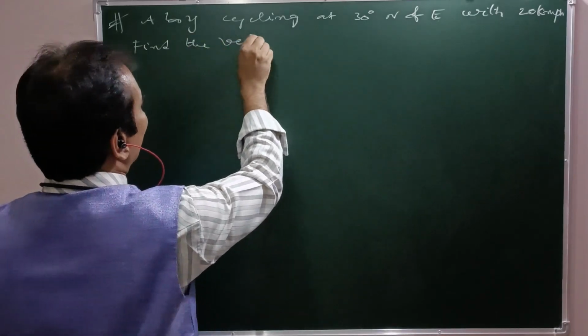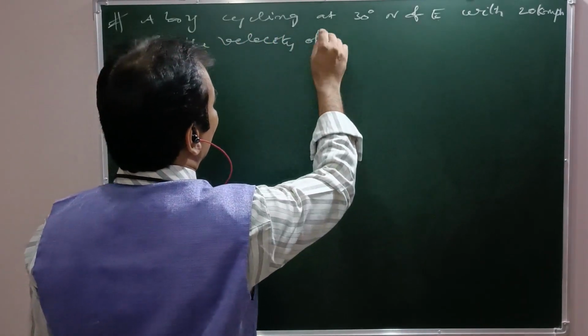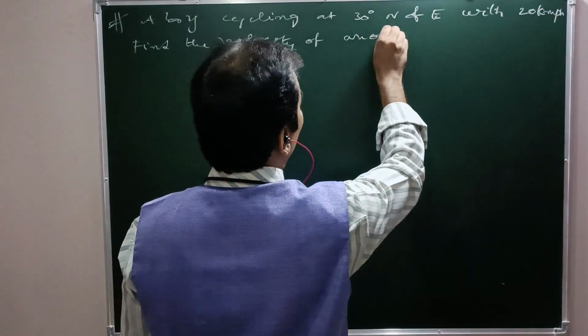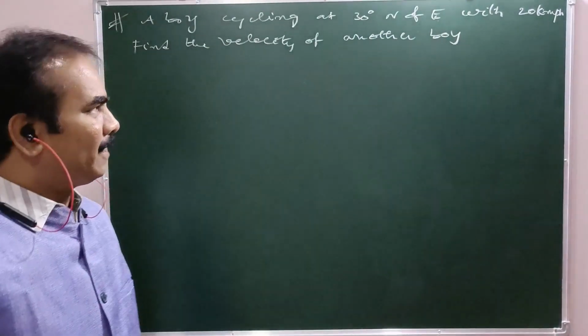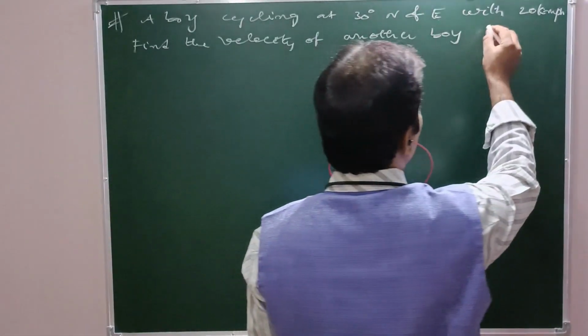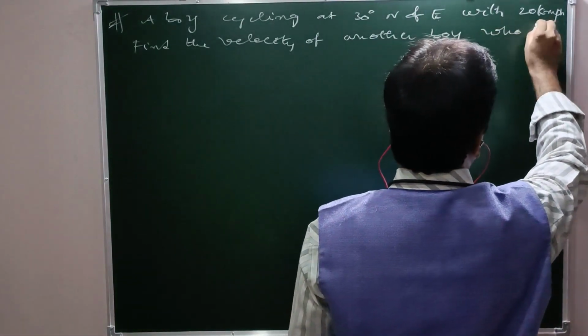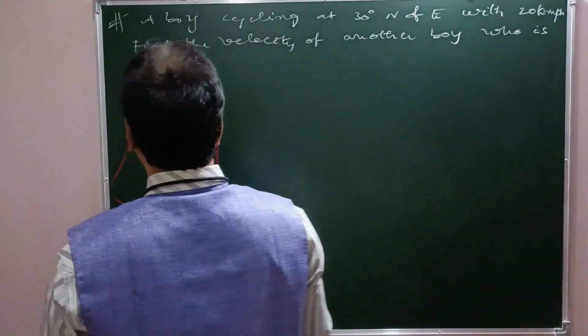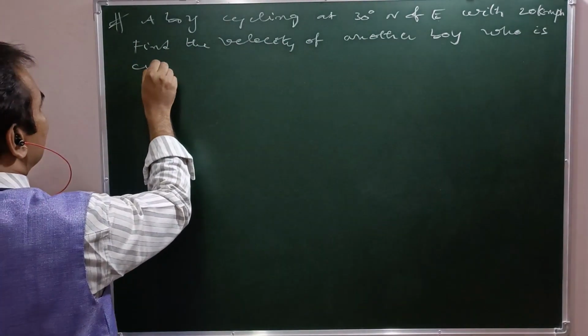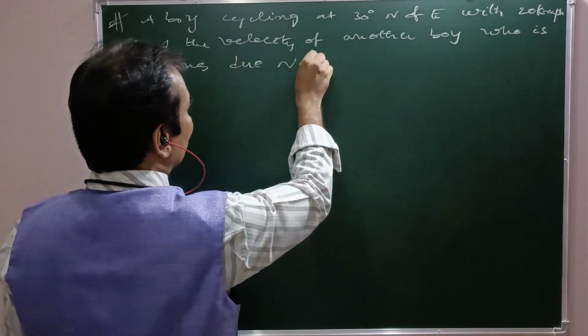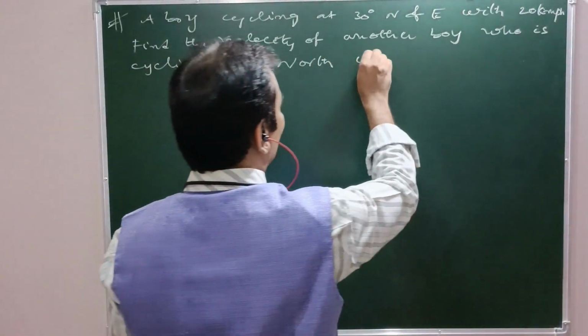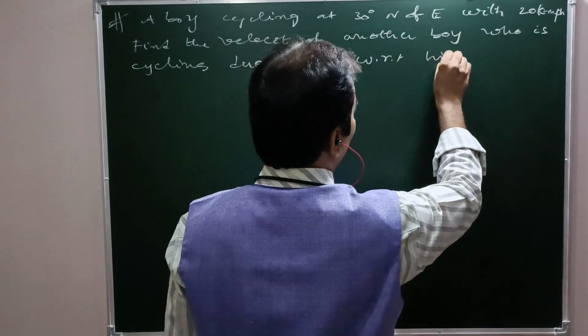Now find the velocity of another boy who is cycling due north with respect to him.